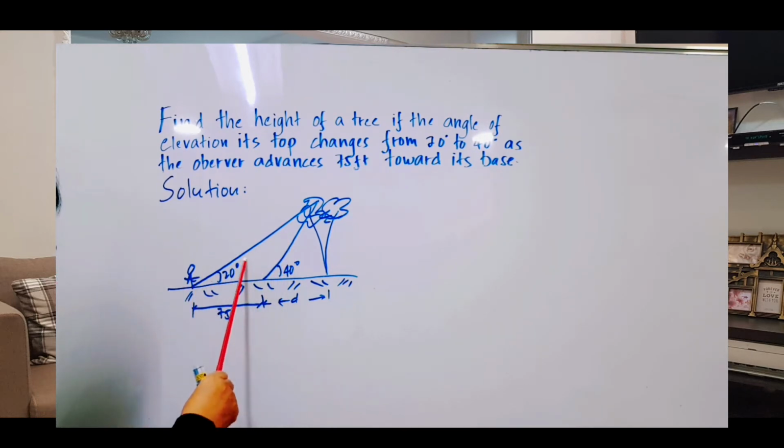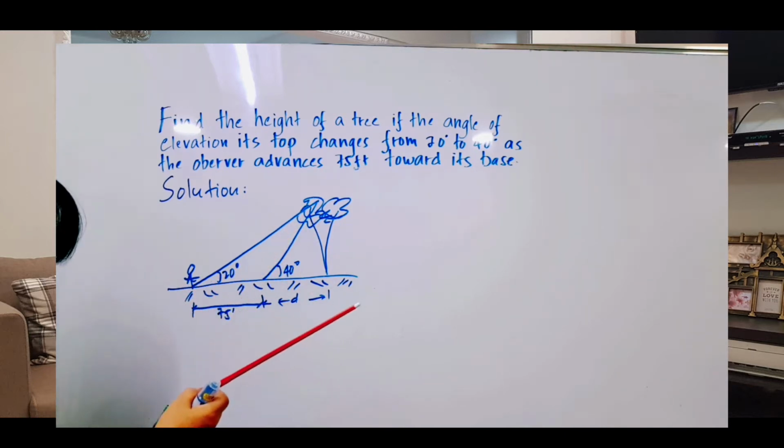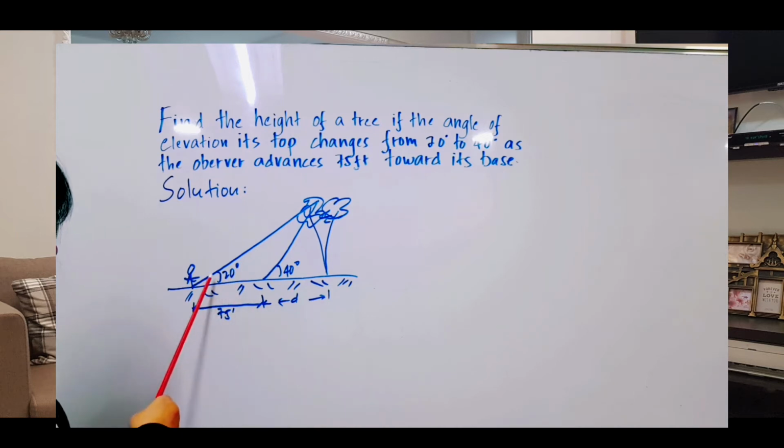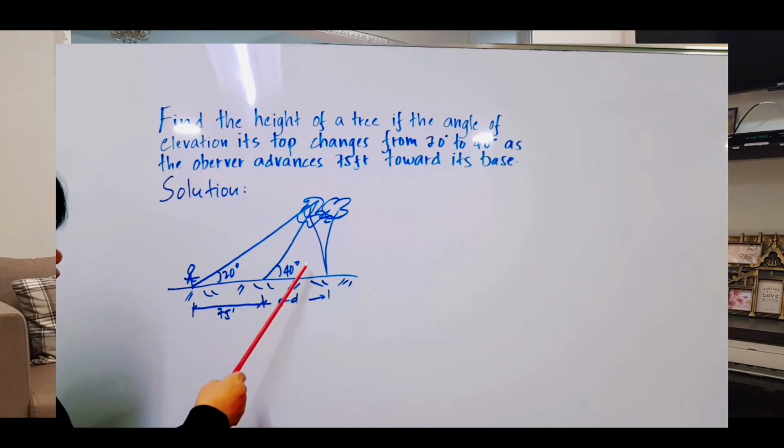That's why we call it an angle. So, observing the top of the tree, that is the angle of elevation. Initially, it is 20 degrees, then he moves towards the base of the tree at around 75 feet and observes the angle of elevation, which is equal to 40 degrees.